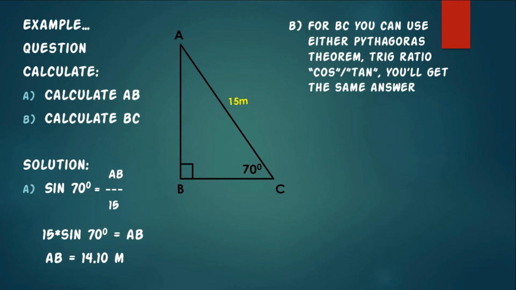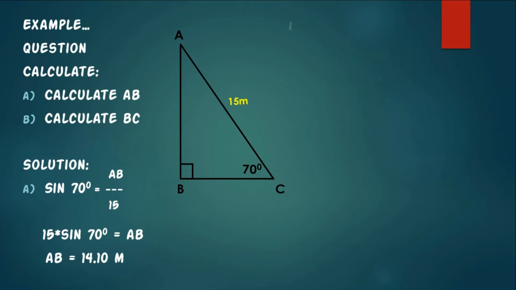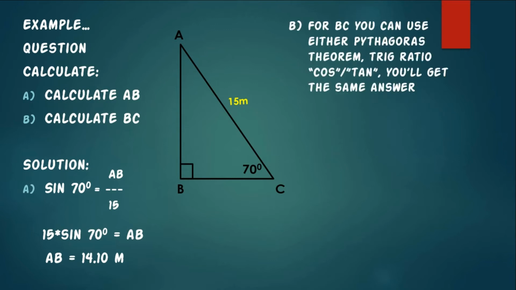You can even use Pythagoras theorem, because you have two known sides. But let us use the trig ratios. Let us not go to the Pythagoras theorem yet, because now I'm talking about the trig ratios.